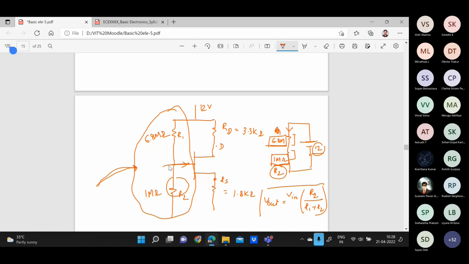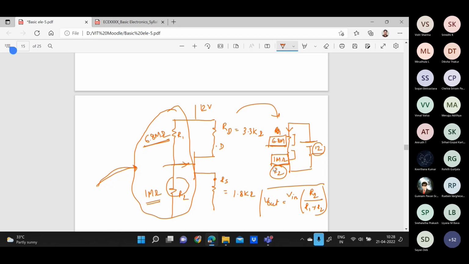Dividing the voltage is called the voltage divider circuit, because we have one resistance and a second resistance connected in series.